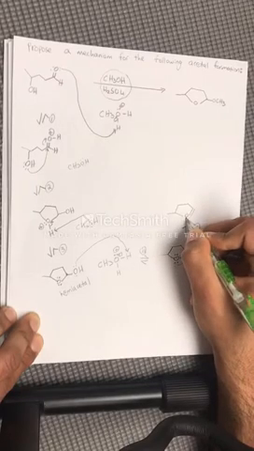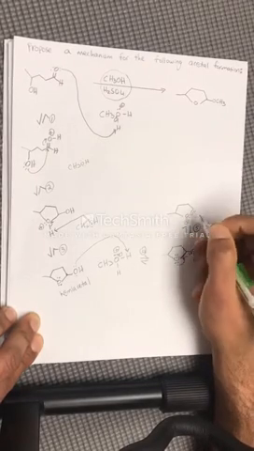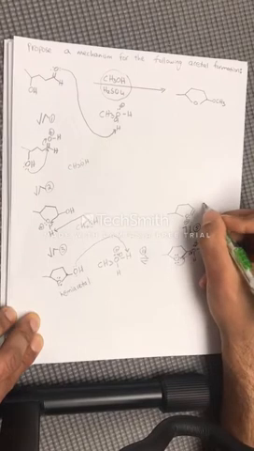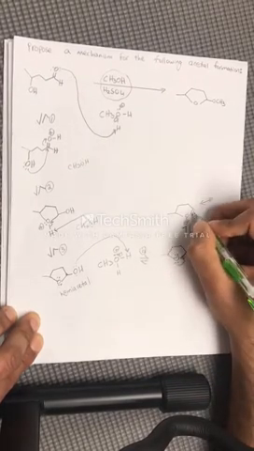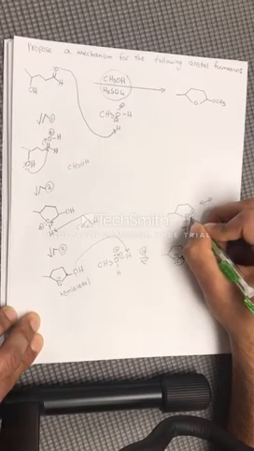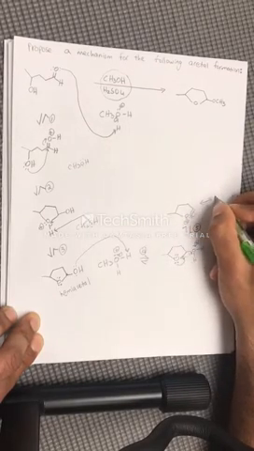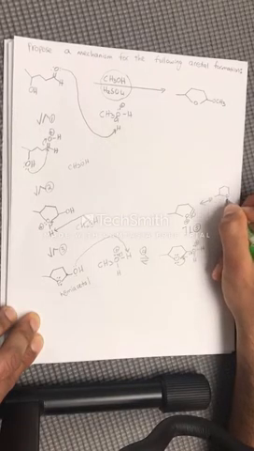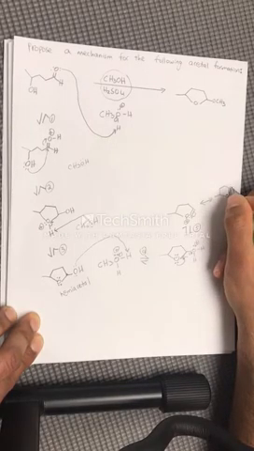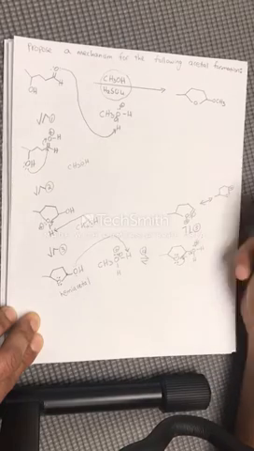Double bond with a positive charge here. If I were to show a resonance of this and put these electrons back onto oxygen, it would look like this, and the positive charge would be there.